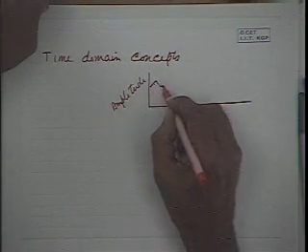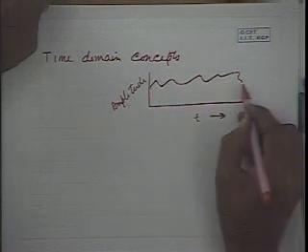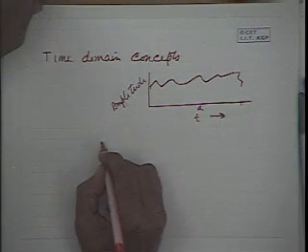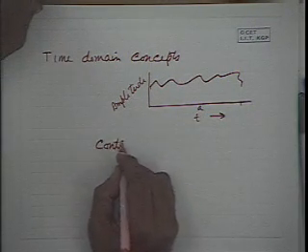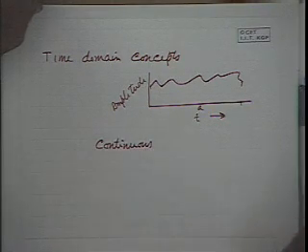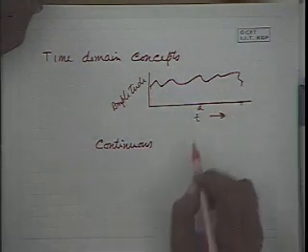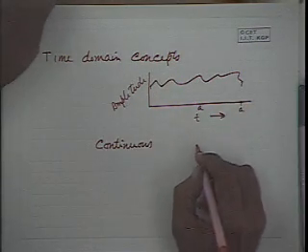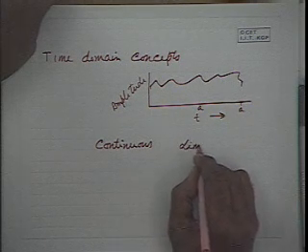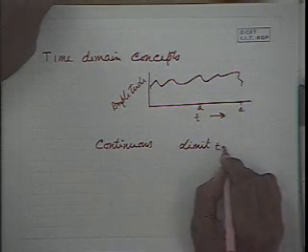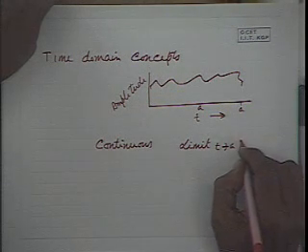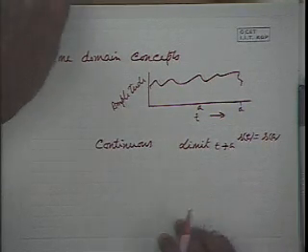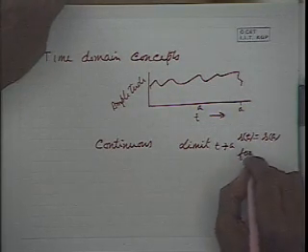Whenever it has some continuous value over the time limit a, we say that it is continuous. So, this is a continuous signal over a time limit 0 to a, and that means it is represented as limit t tends to a, s(t) is equal to s(a) for all a.